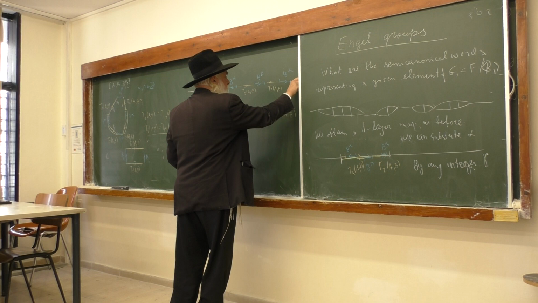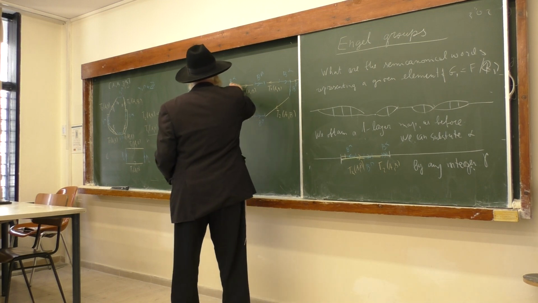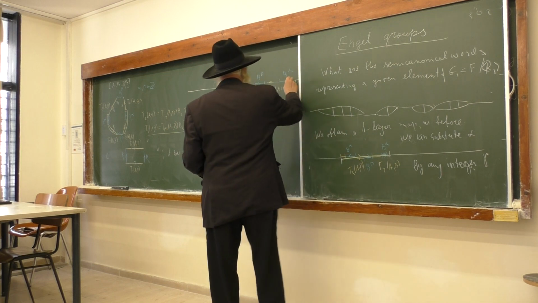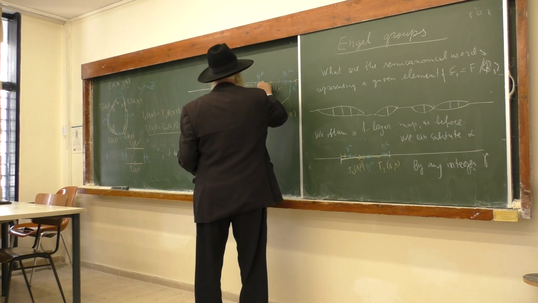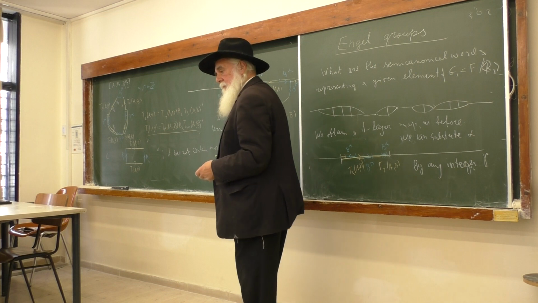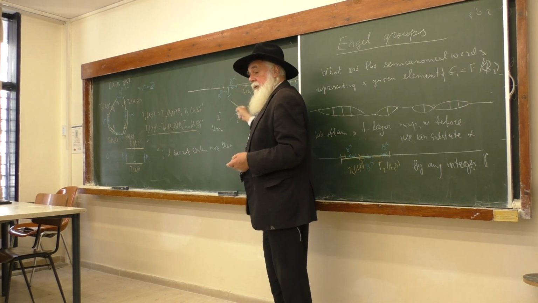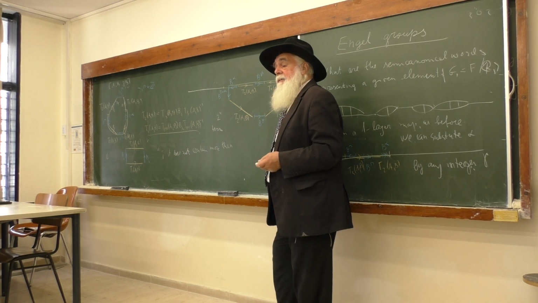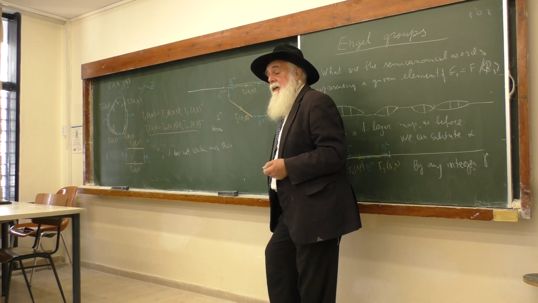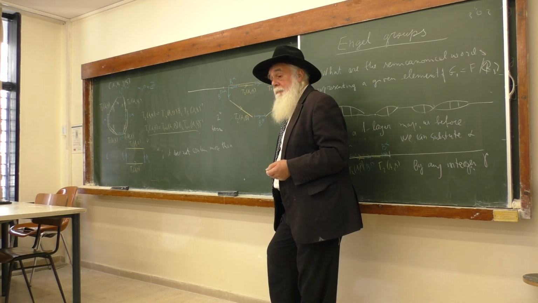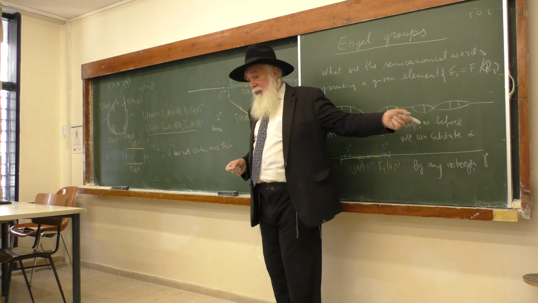This was our output, what we call the element of the chart, and we have it here. Now, when we add this, we are in the same, this represents the same element of the group, because it's equal to one modulo the relations.